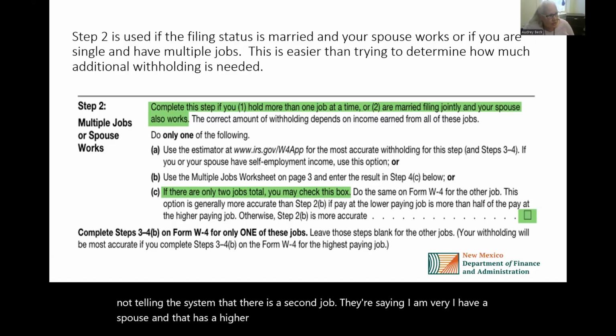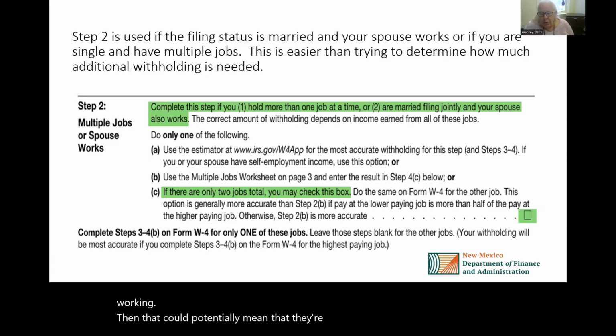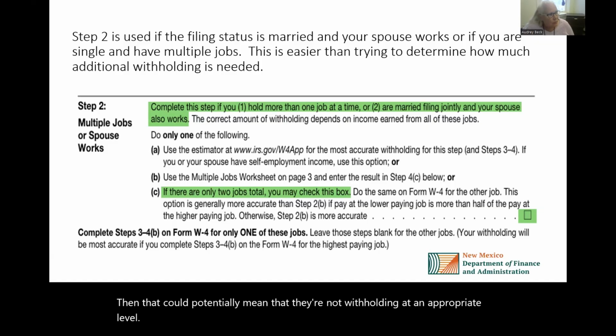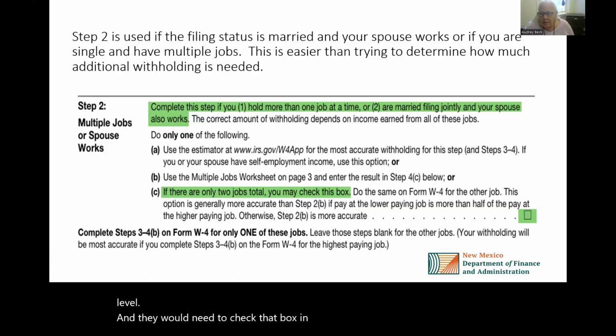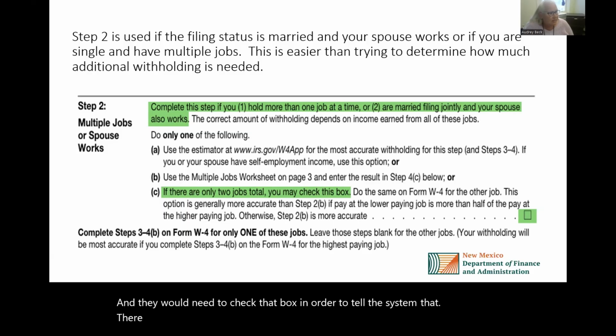But if their spouse is also working, then that could potentially mean that they're not withholding at an appropriate level. And they would need to check that box in order to tell the system that there is indeed a second income that needs to be considered when you're looking at what to withhold from a basically straightforward W-4.